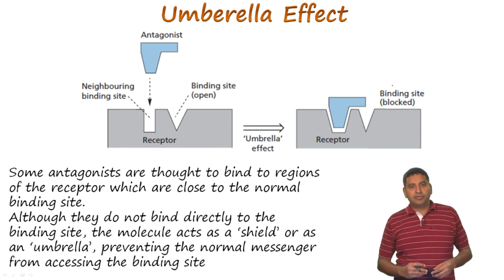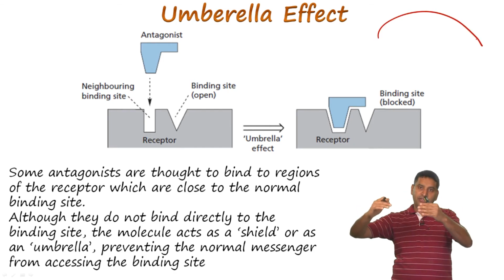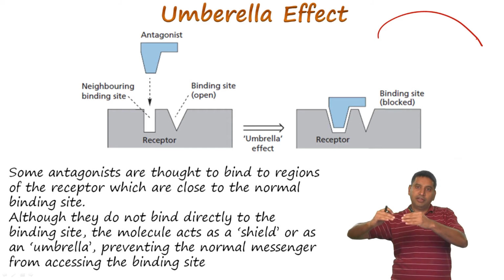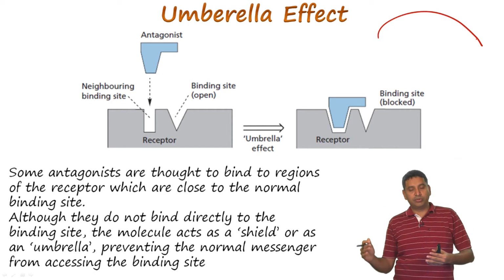There is also another effect which is called the umbrella effect. Okay. As the name suggests, an umbrella can provide shade to an individual, but if it is large enough, then it can also provide shade to multiple individuals.